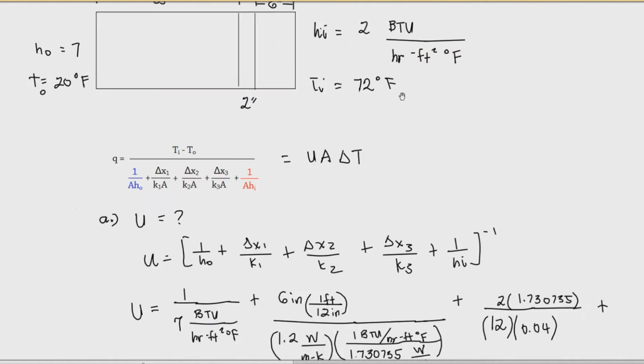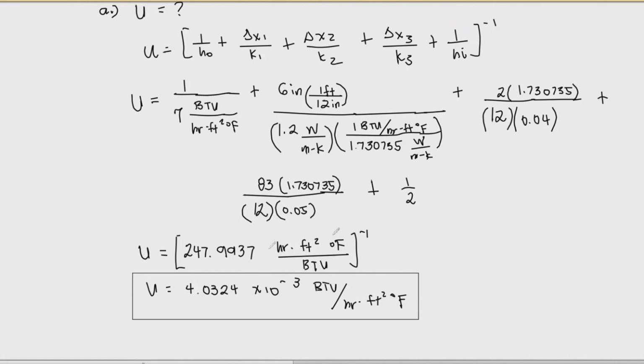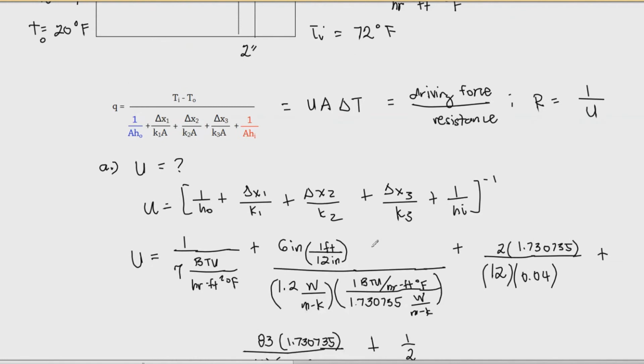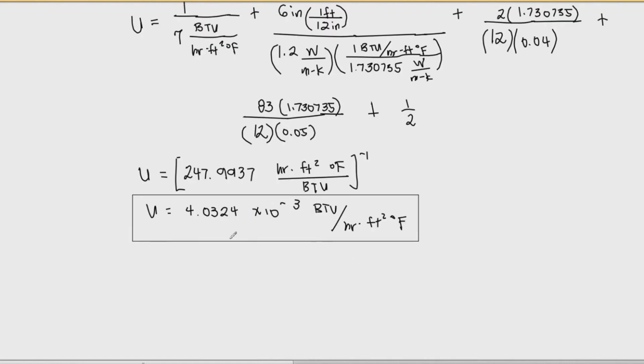And if we're asked to find the R value, we just have to take the reciprocal of U. Remember, the driving force is actually the temperature difference, and the resistance would simply be 1 over U. So if Q is equal to the driving force divided by the resistance, then it makes sense that the resistance, R, is equal to 1 over U. So 1 over U would be simply the value of this portion already, since we've already found the reciprocal for this.